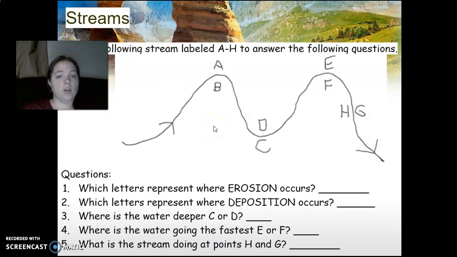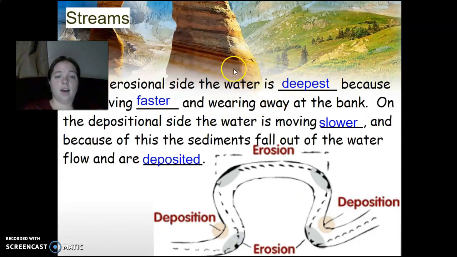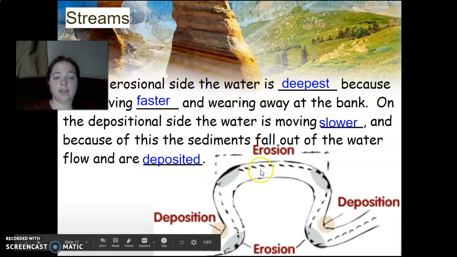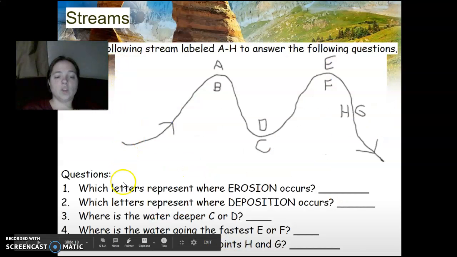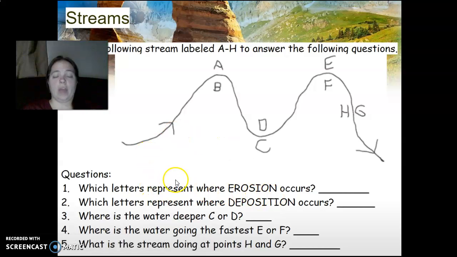So looking at that, knowing that the outside is erosion, the inside is deposition, which letters represent where the erosion occurs? Remember, the outside is deepest and fastest, and the inside is slower, and where the depositing is happening.